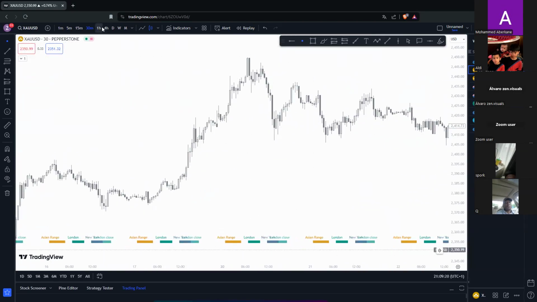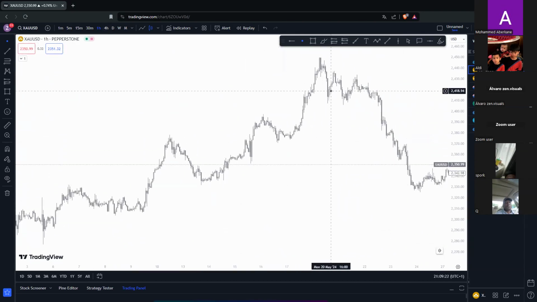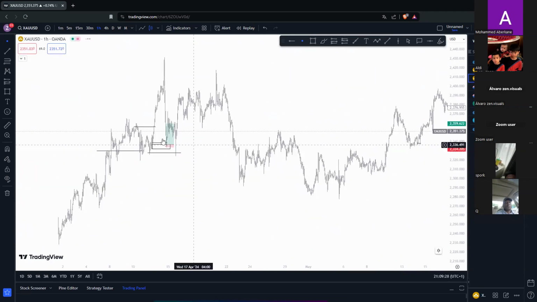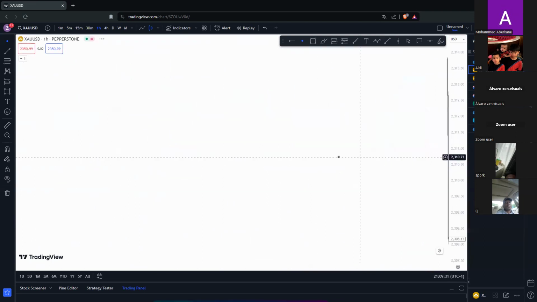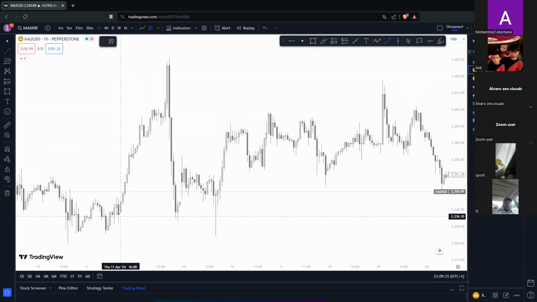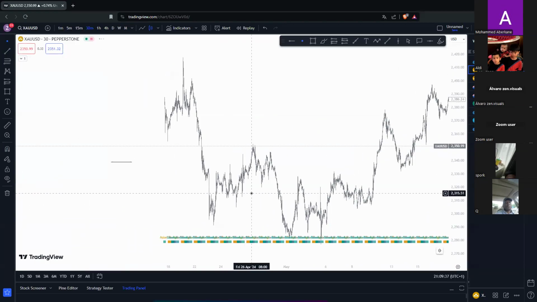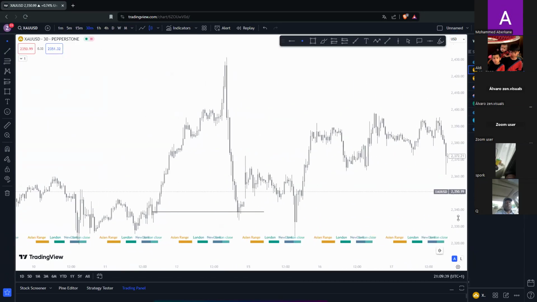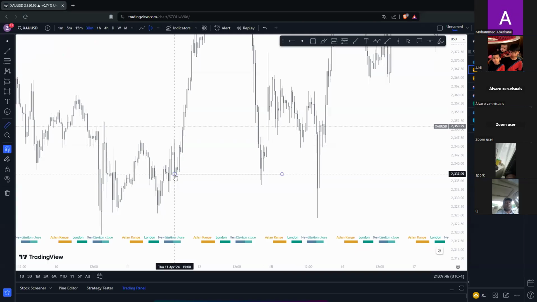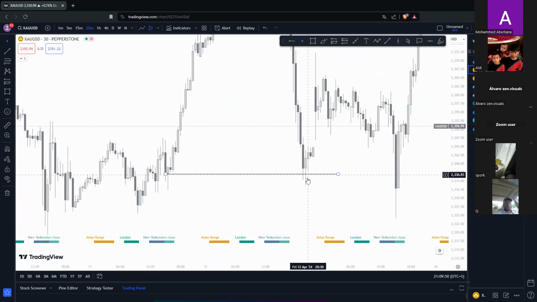So let me just take a look at that. It's actually the same. Let me just measure the pips again. I remember myself taking this trade and it went up. So here, it would basically hit your stop.